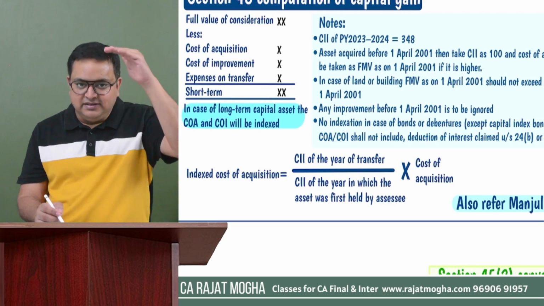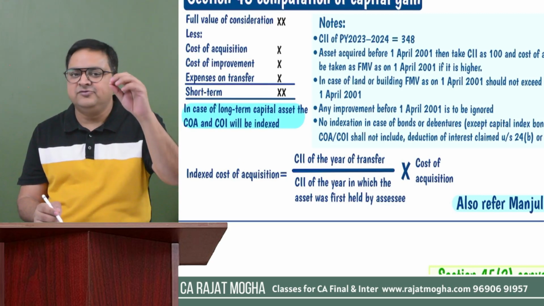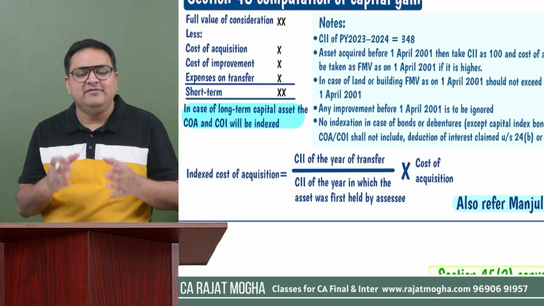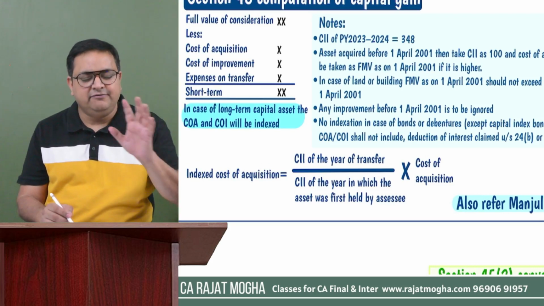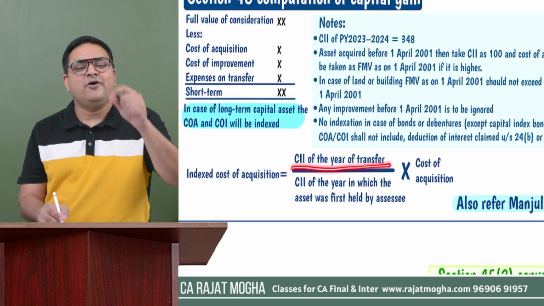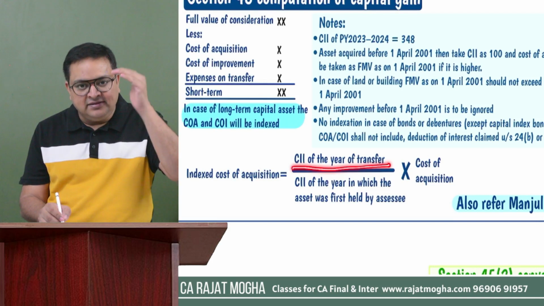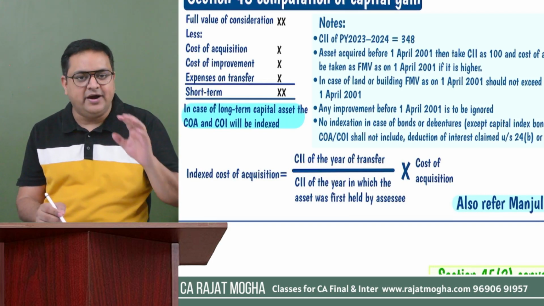Please remember, in the numerator, we will put the CII of the year of transfer. The CII of the year of transfer will be given to you in your question. Generally, for the previous year 23-24, the CII is 348, but it will be mentioned in the question. So in the numerator, we have to put the CII of the previous year in which the asset is getting transferred. And in the denominator, we have to put the CII of the year in which it was acquired by the assessee.